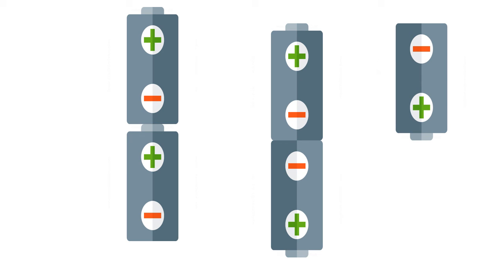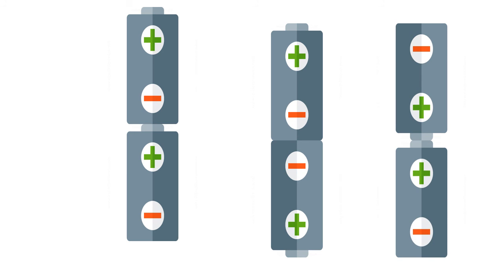Here you can see another connection. See. The positive terminal is connected to the positive terminal of another cell. So what is happening here? Will the bulb light here? No, it will not light, because we learned that electric current flows from the positive to the negative end of a cell.